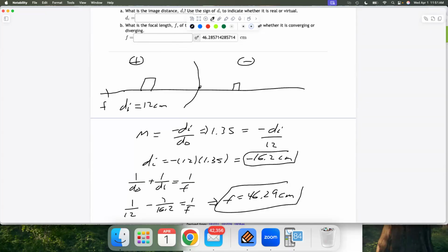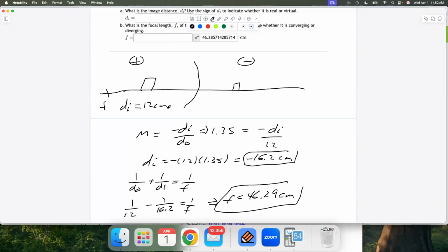And there are a bunch of rules you can memorize that for a concave mirror, if your object is in some certain range, you'll end up with a virtual image. And if the object is out here somewhere, you end up with a real inverted image. There are a whole bunch of rules you can memorize. I've never bothered to memorize all of those rules because it's so easy just to plug and chug and see.